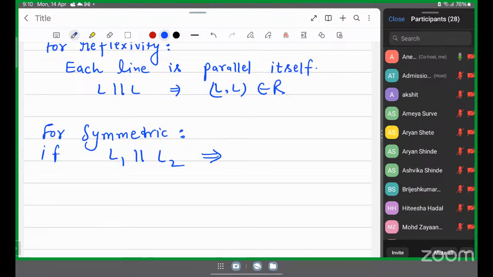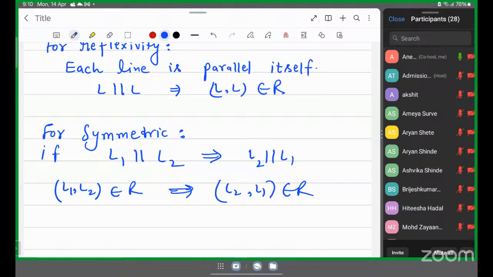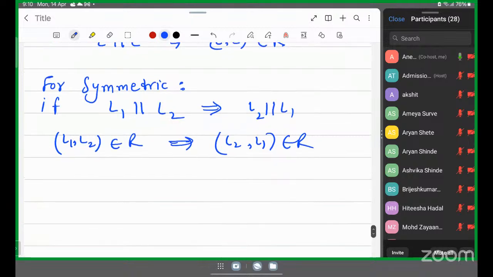So if (L1, L2) is in relation R, then (L2, L1) will also be in relation R. So for each ordered pair, there will be a symmetric ordered pair. Like for (L1, L2), we have (L2, L1). For (L3, L4), we will have (L4, L3), which implies that the given relation is symmetric also.